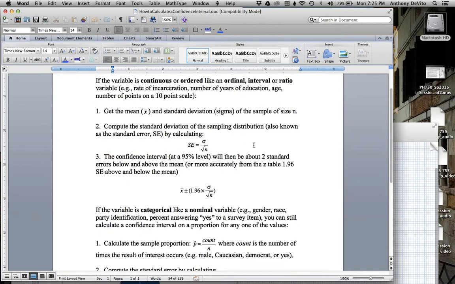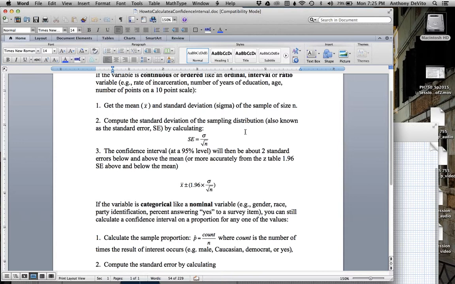The other thing we're interested in besides the mean is the variability in the population and in the sample. When we calculate the standard deviation of the population, we give it the name sigma, the Greek lowercase sigma, and that represents the variability.